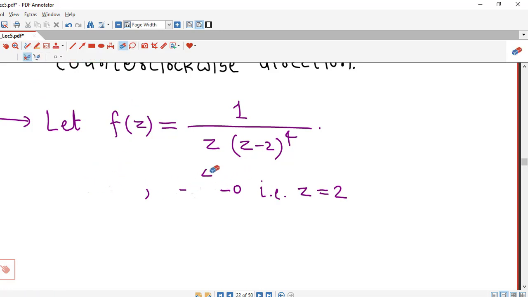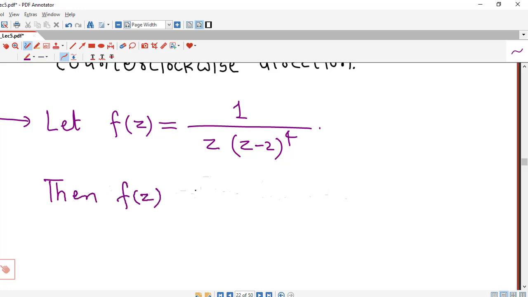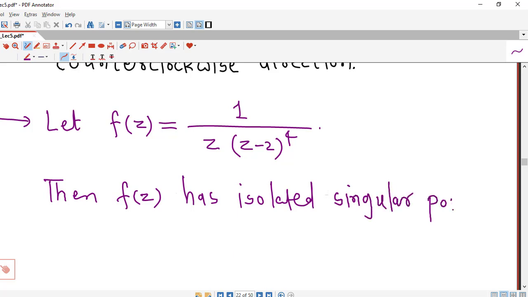So it is clear that these 2 points will become isolated singularities of this function f of z. So we can write that f of z has isolated singularities or isolated singular points at z equal to 0 and at z equal to 2.